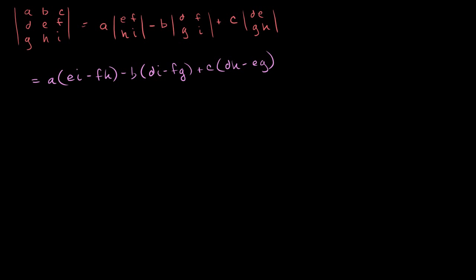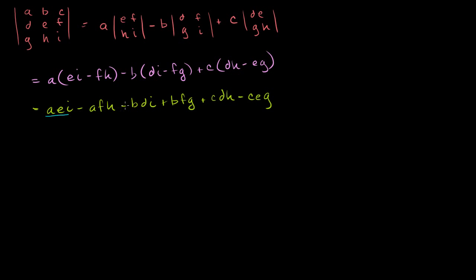And if we multiply this out, we get AEI minus AFH minus BDI plus, right? Minus times a minus, so plus BFG plus CDH minus CEG.